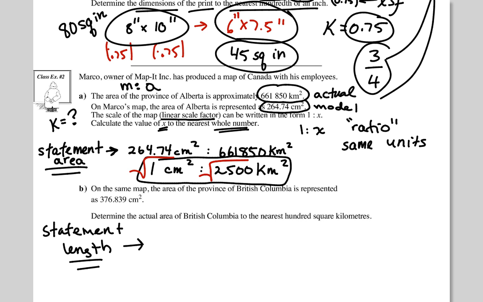Square root, square root. And you would get 1 centimeter for every 50 kilometers. That is the linear scale statement, not the scale factor.